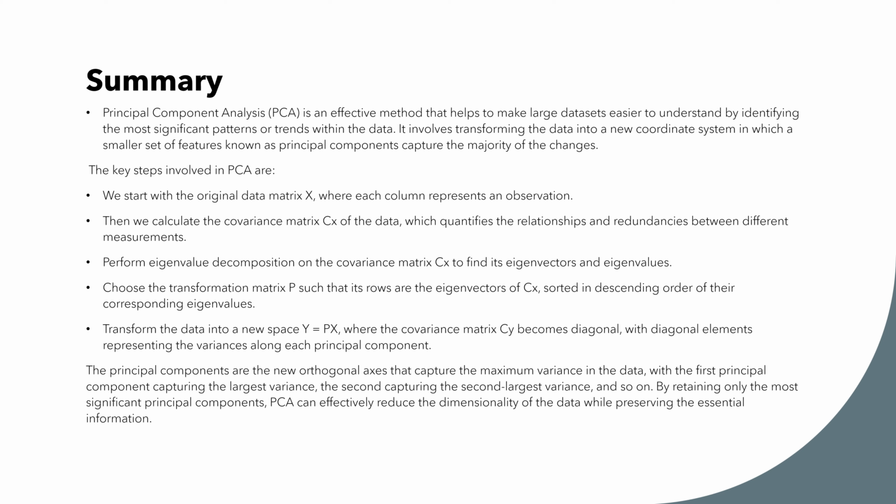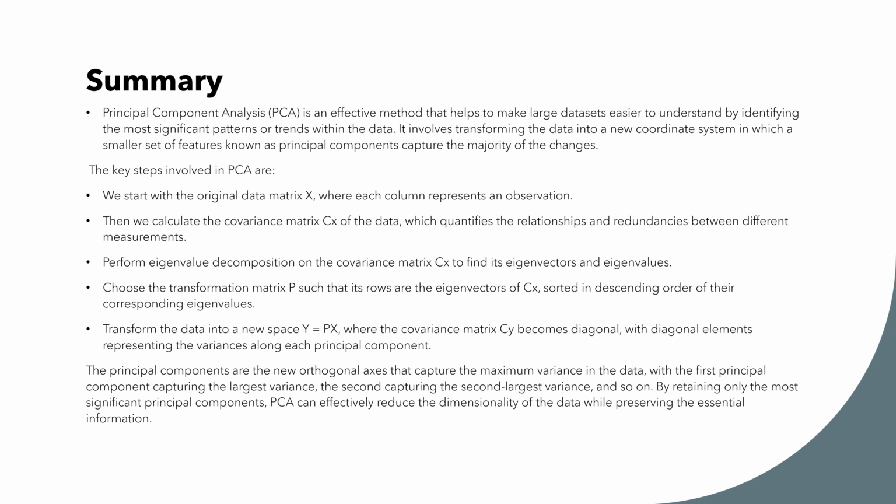The key steps involved in PCA are: first, we start with the original data matrix X, where each column represents an observation. Second, we calculate the covariance matrix Cx of the data, which quantifies the relationships and redundancies between different measurements. Third, perform eigenvalue decomposition on the covariance matrix Cx to find its eigenvectors and eigenvalues.